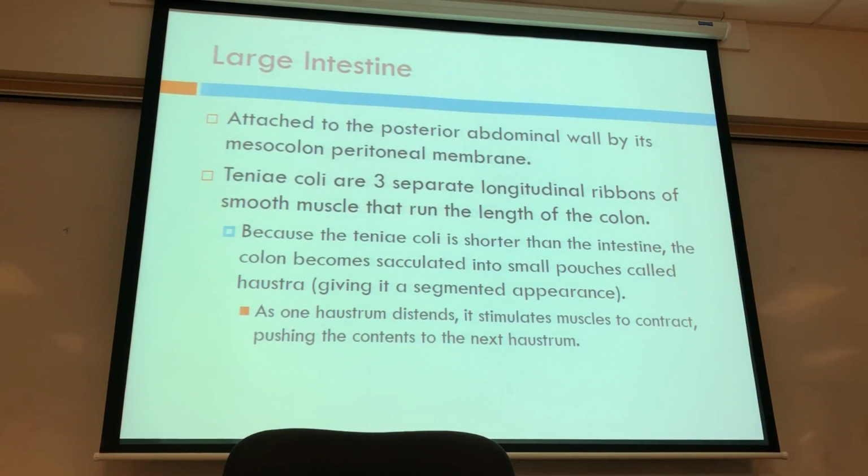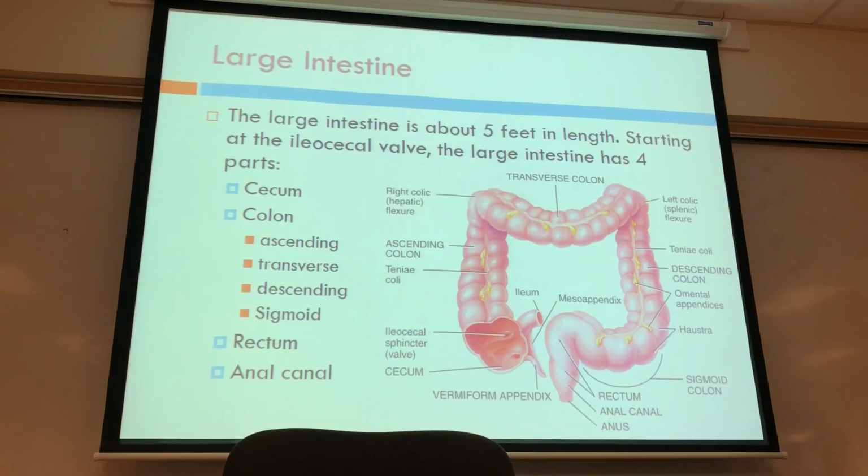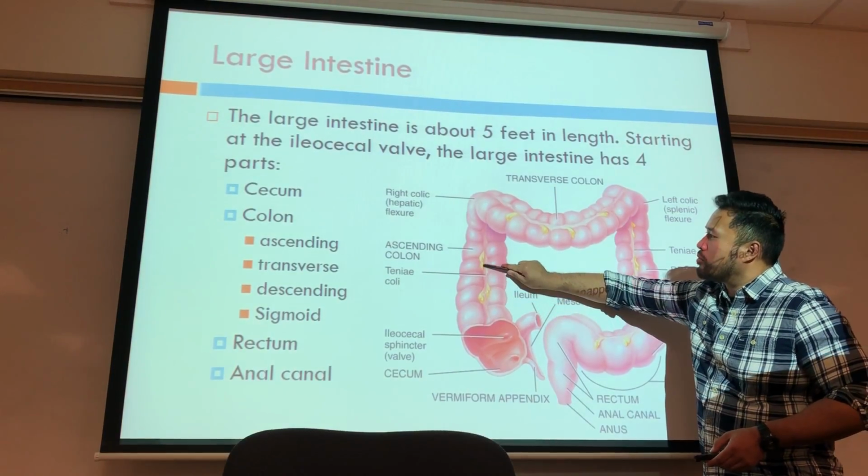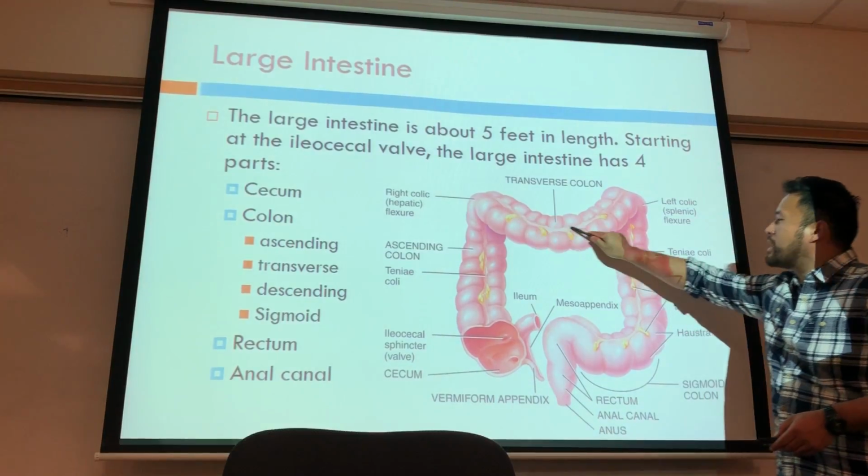I'm not going to talk too much about the smooth muscle within, but what's namely present within the large intestine are what are called teniae coli. The teniae coli are basically long ribbons of smooth muscle. Let me show you on an earlier slide. Here you can see the teniae coli, this long ribbon of muscle.